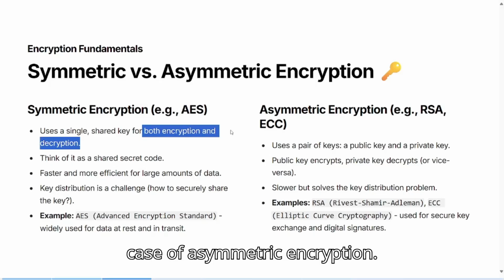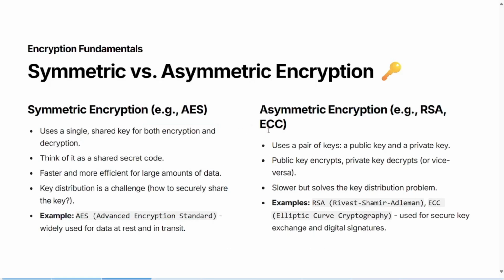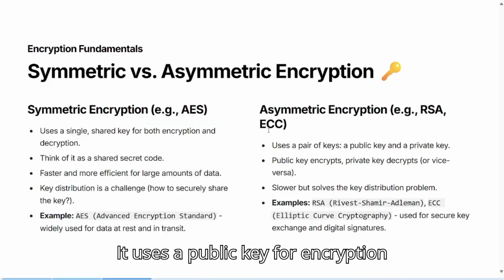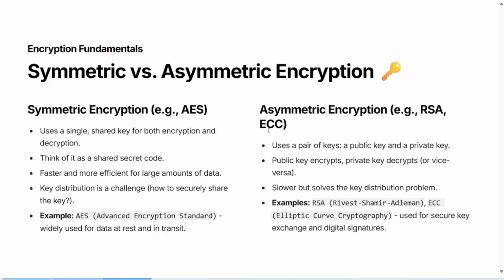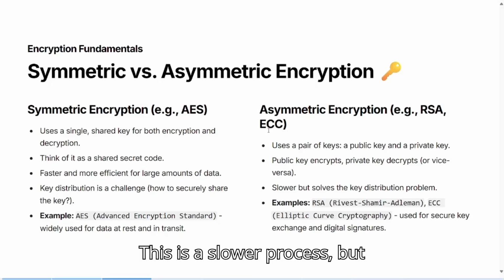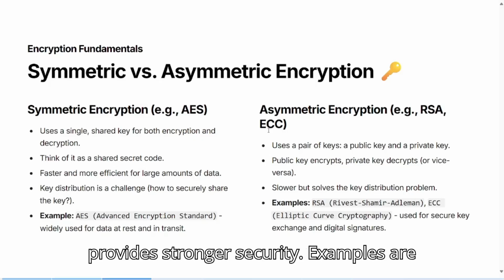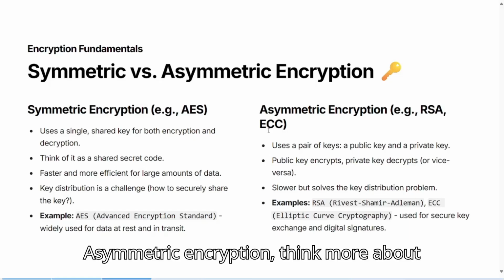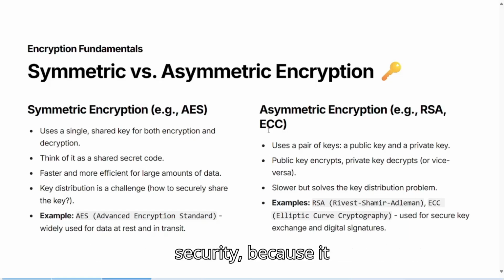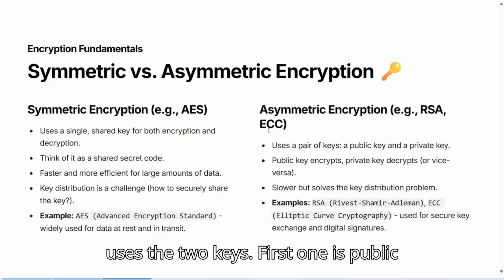In the case of asymmetric encryption, it uses a public key for encryption and a private key for decryption. This is a slower process but provides stronger security. Examples are RSA and ECC. Whenever you think about asymmetric encryption, think more about security because it uses two keys.